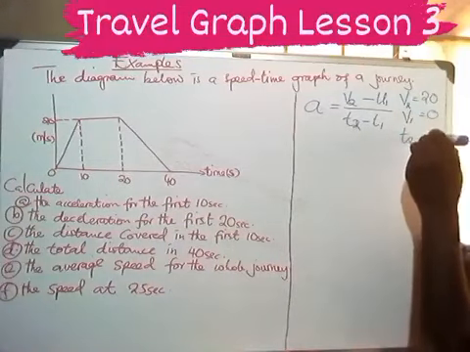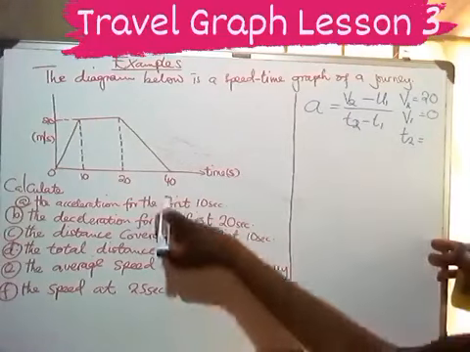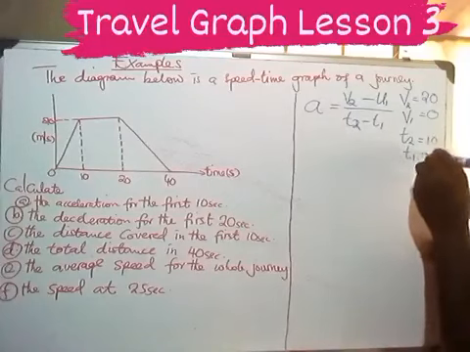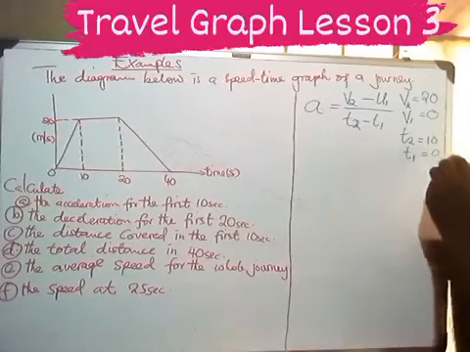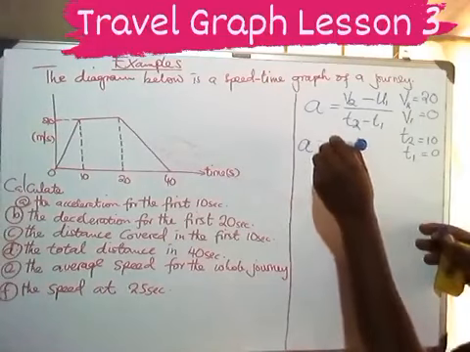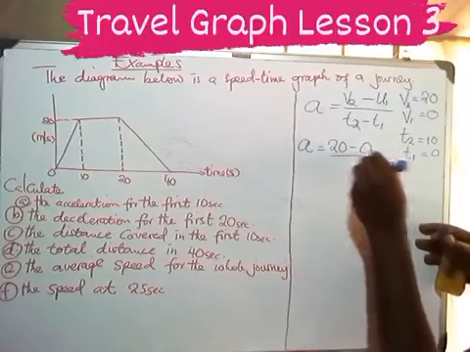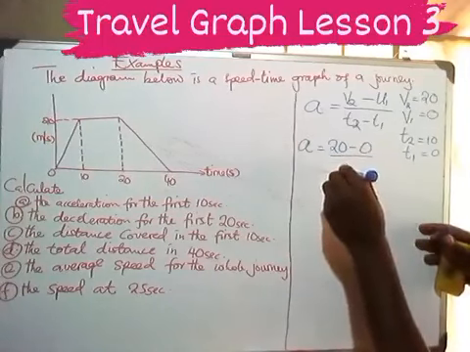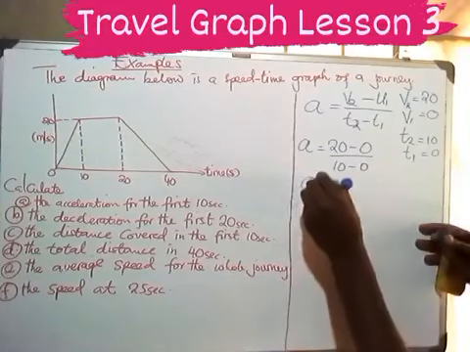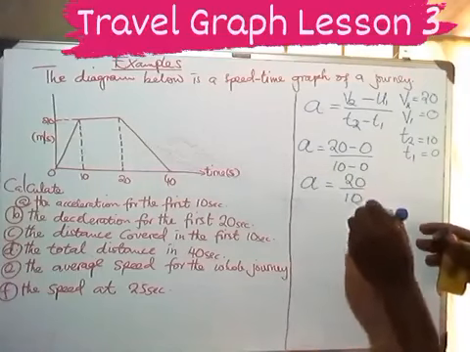Then what is our T2? In the first 10 seconds, it will be 10. Then our T1, which is the initial time, will be 0. So our acceleration is equal to 20 minus 0 over 10 minus 0, which is 20 over 10.